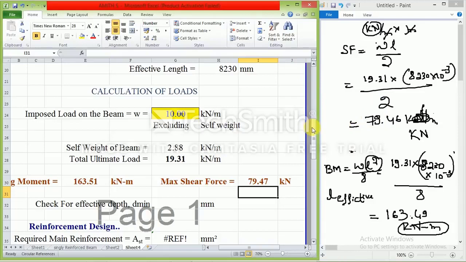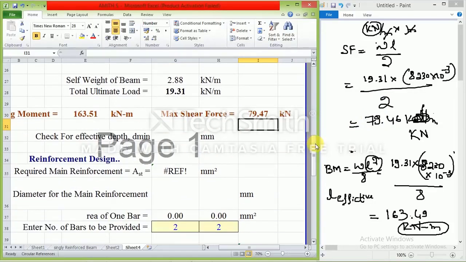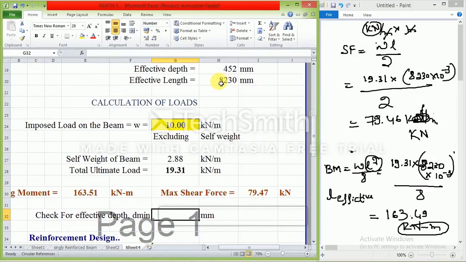Next concept is very important. Check for effective depth. So this is the effective depth that we are going to calculate with some formula, and some of the effective depth that we have already calculated.